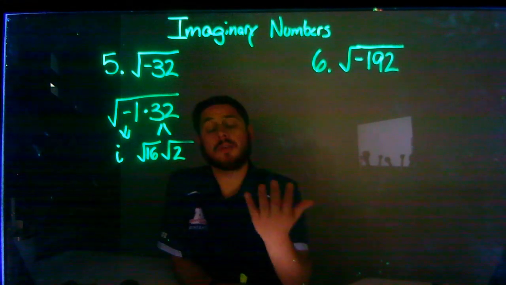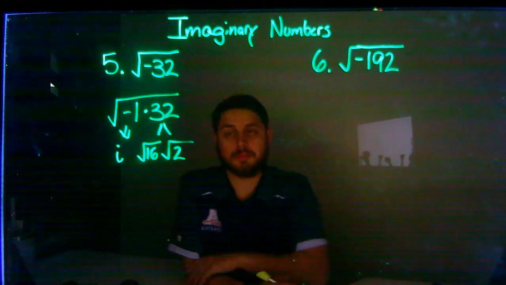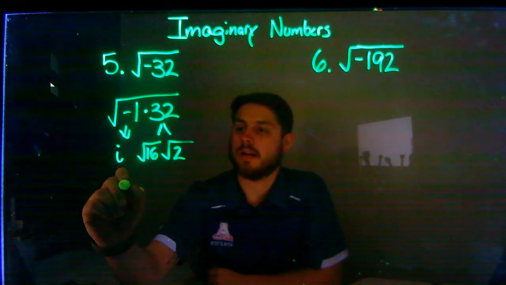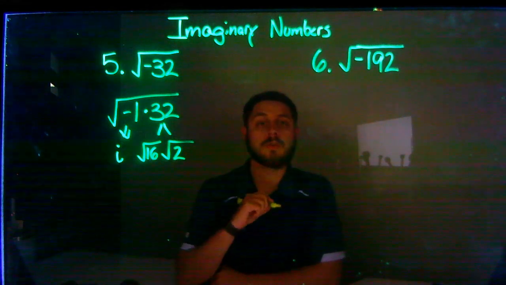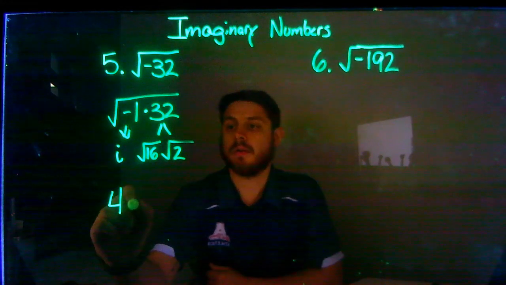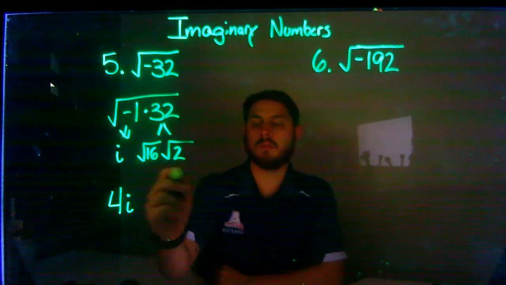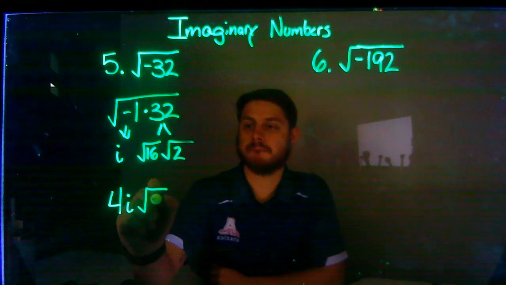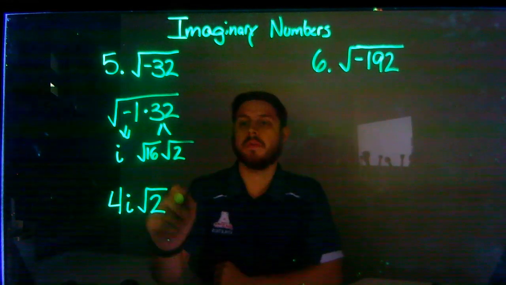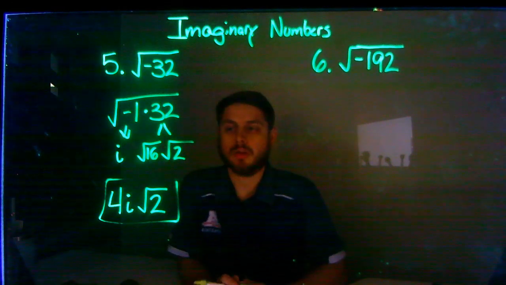The biggest perfect square that'll go into 32 is 16. Well, 16 times 2 gets me back to 32. And again, I'm going to simplify. The square root of 16 is 4. i is going to go right next to it with the square root of 2 being left over.